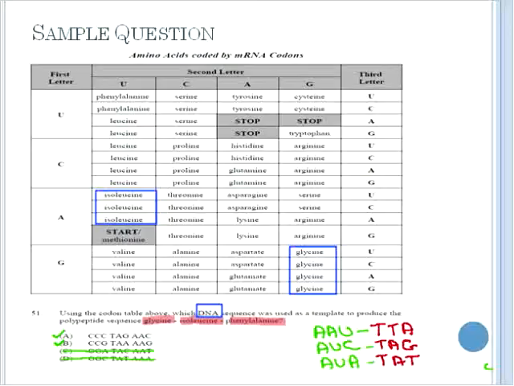T-A-G is a possibility. T-A-A is not. The correct answer then is going to be A, C-C-C, T-A-G, A-A-C.